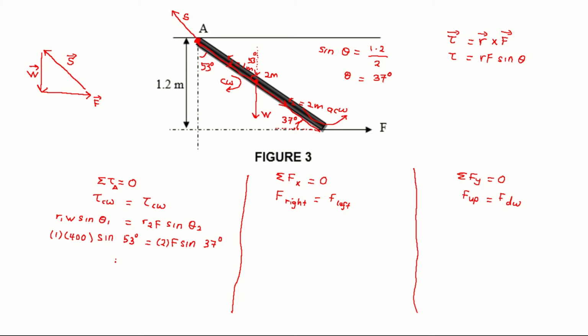So you can determine force F. Using the calculator, 400 times sine 53 divided by 2 sine 37, you get 265.41 Newton.